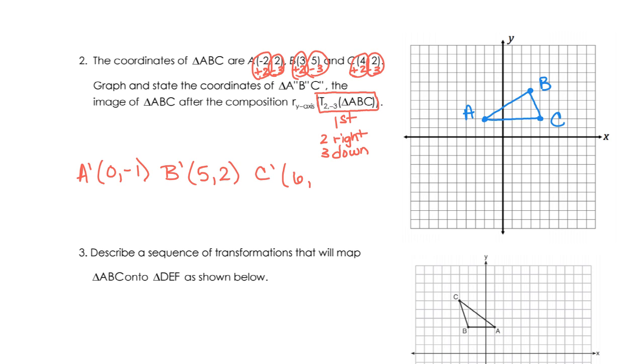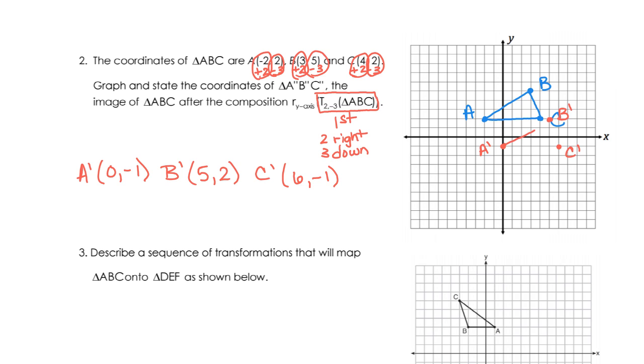And 2 - 3 is -1. All right, so A prime is at 0, -1, which would be right here. B prime is at 1, 2, 3, 4, 5, +2, so right here. And C prime is at 1, 2, 3, 4, 5, 6, -1, so right here.